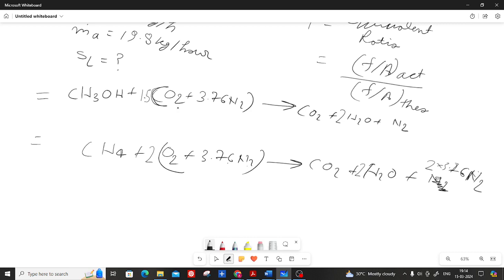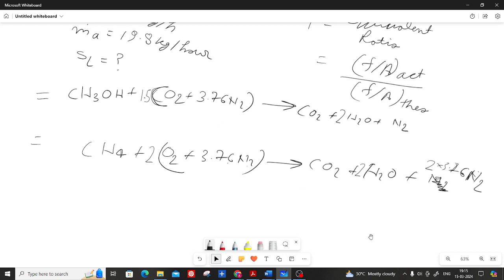So I hope you have understood. See, first you balance carbon, then you balance hydrogen, and then whatever oxygen atoms are there on the product side, you divide the number of oxygen atoms by 2 to get the oxygen molecules, and you multiply with 2 here.